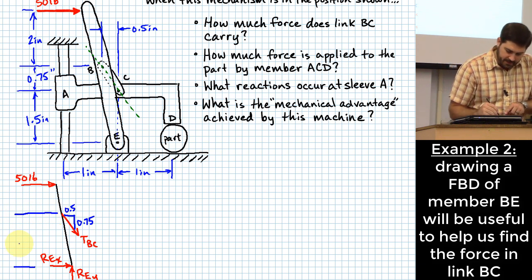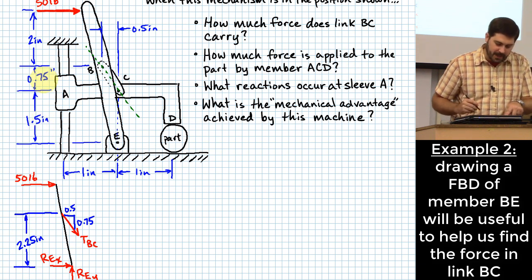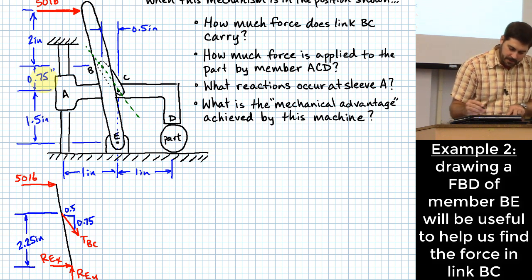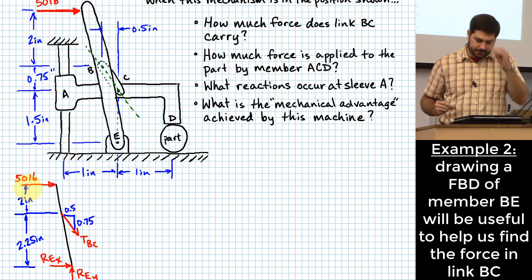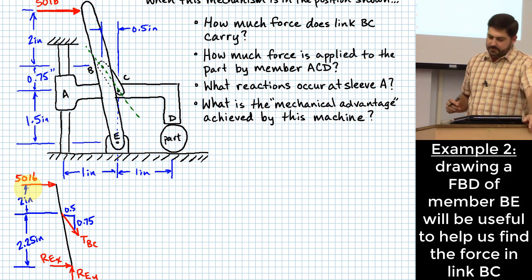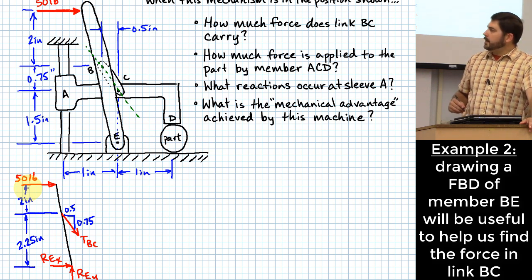How far is that? 2.25 inches, because it's going to be 1.5 inches plus 0.75 inches, and then another 2 inches above that, up to where the 50 pounds is being applied. Okay. Any other dimensions I need on here?